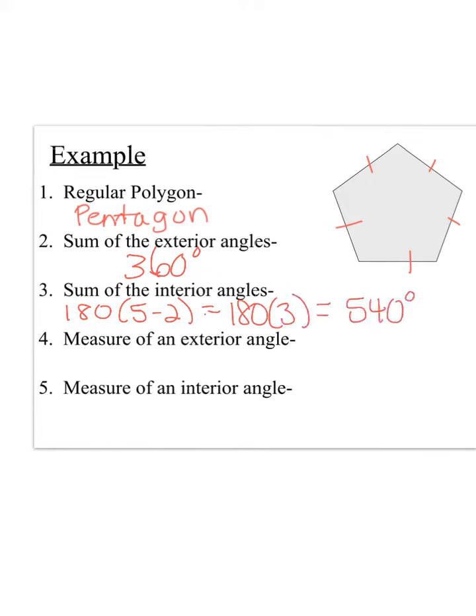So the sum of every interior angle is equal to 540 degrees, and we say degrees because angle measures are in terms of degrees. The measure of an exterior angle is 360 divided by the number of sides, and that gives us 72 degrees. And the measure of one interior angle is we take the sum, which we already know to be 540 degrees, divide by the number of sides, and we get 108 degrees.